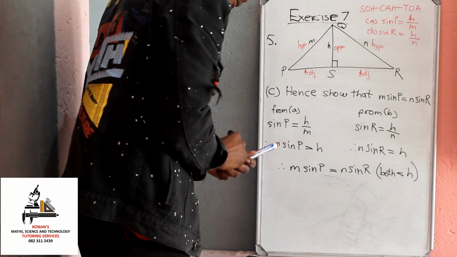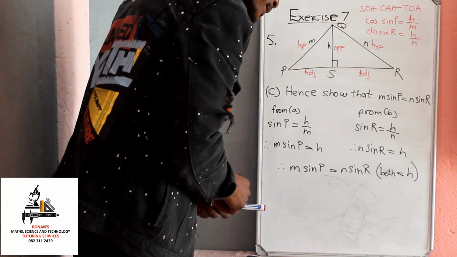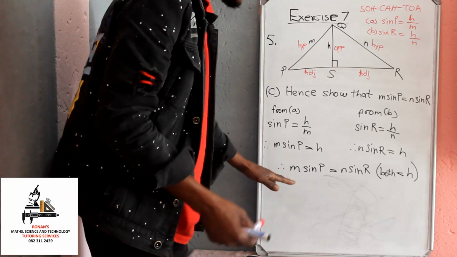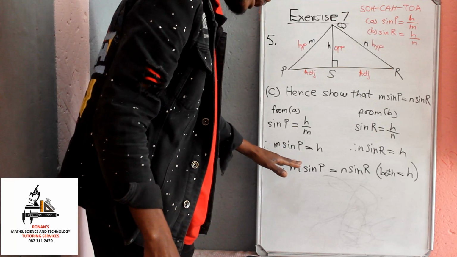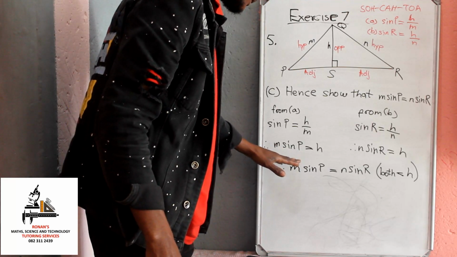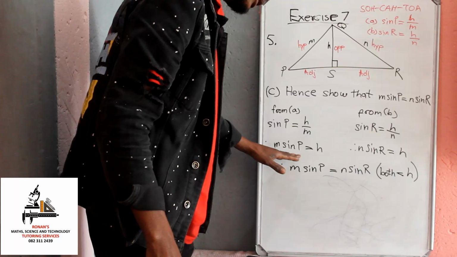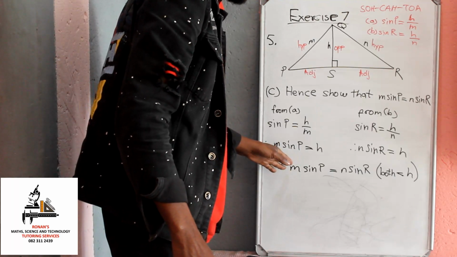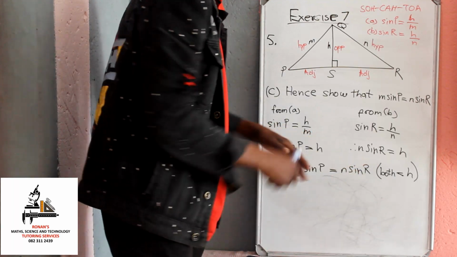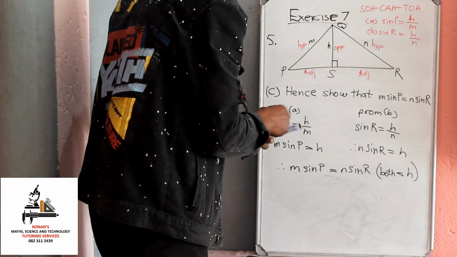Now part D says we should use what we've just found in number C to calculate the size of angle P. What we've just found here is this.